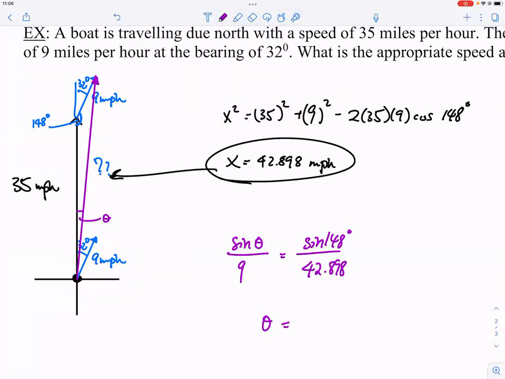So sine of 148 divided by 42.898, and then times 9. That would be the sine theta will be 0.111. You take the inverse of sine of 0.111, you get 6.383 degrees. So this would be the bearing. Okay.